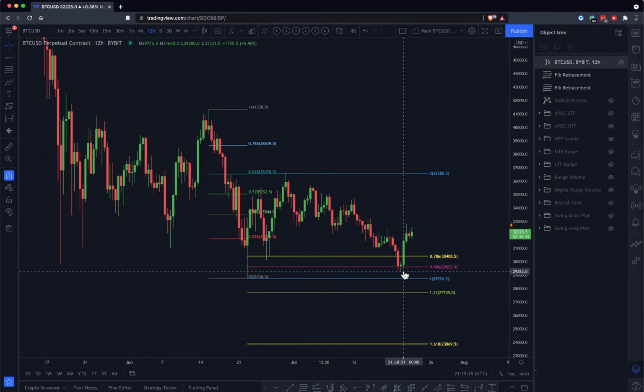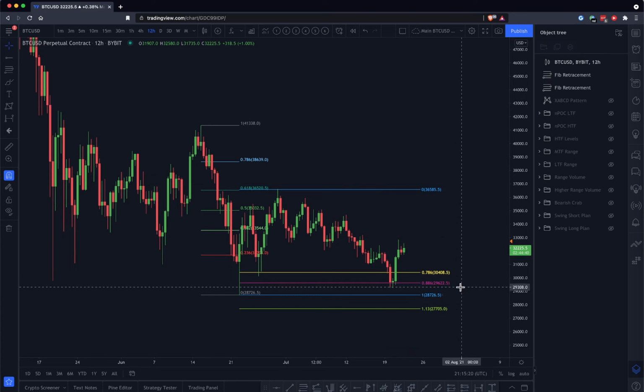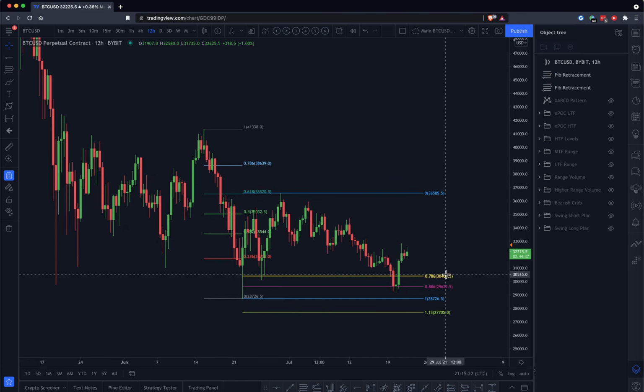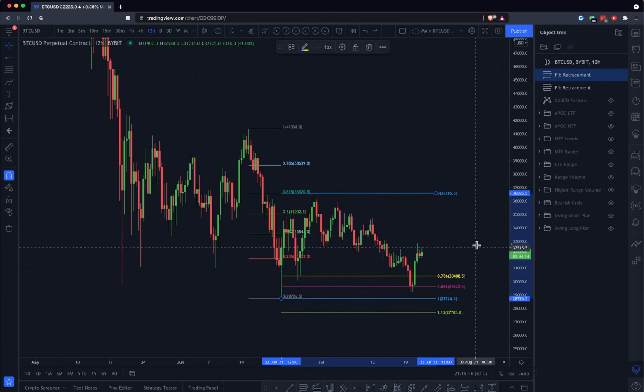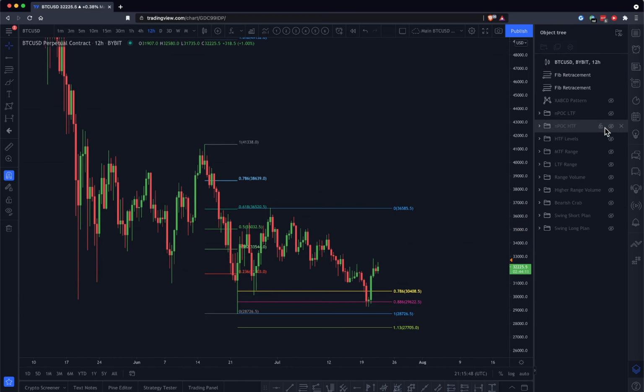It went a bit lower, but that's the leeway of this setup. Sometimes you can't expect the exact point, but it's very close. You didn't have a close below, so this is still a valid pattern. And then you got the reversal. So one could enter here, put the stop loss below the low, and trade the setup.